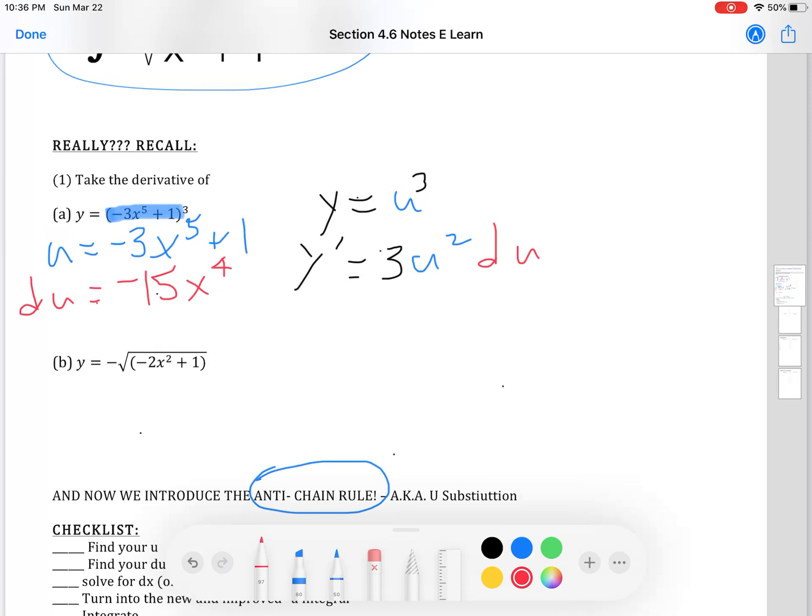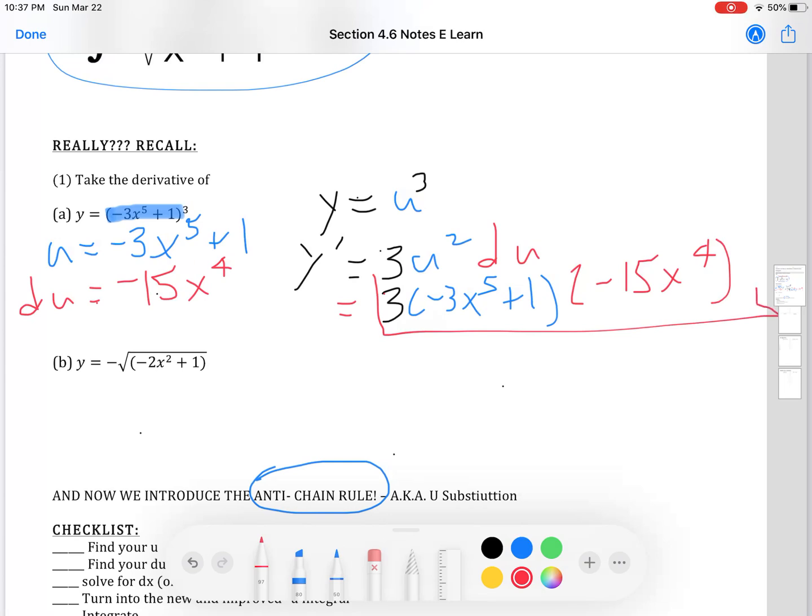And so what we did was we actually substituted in for u the negative 3x to the 5th plus 1, and then we multiplied by that du, which was negative 15x to the 4th. And if you got to this step, you convinced me pretty well that you were pretty good with the chain rule and its idea. Let's try one more for part B.